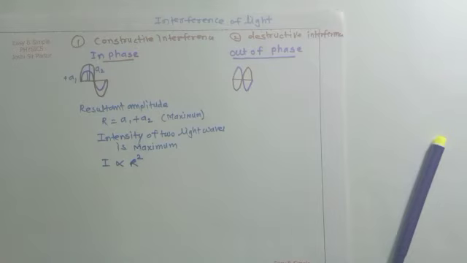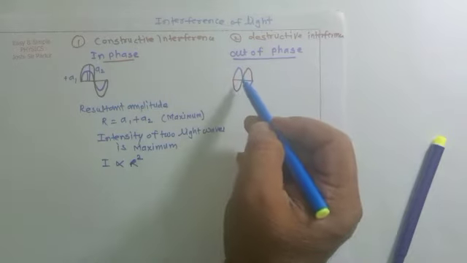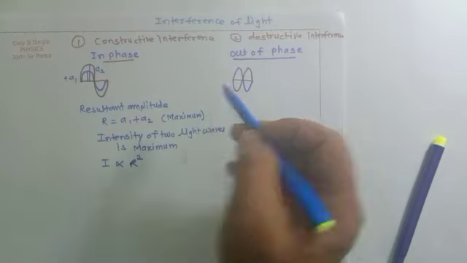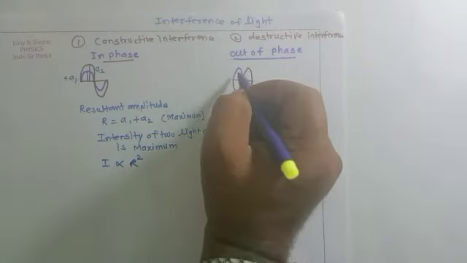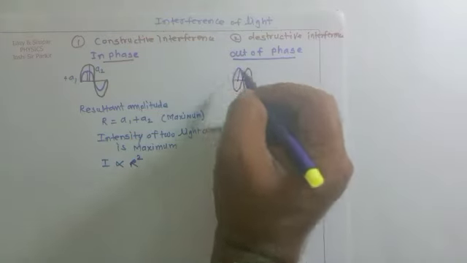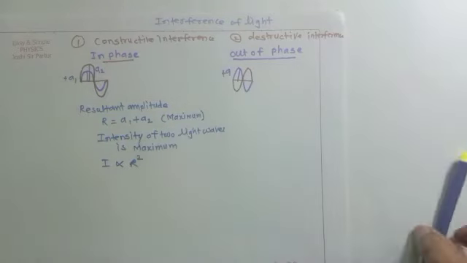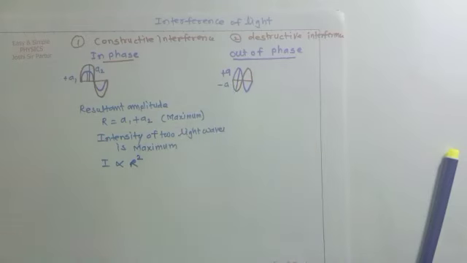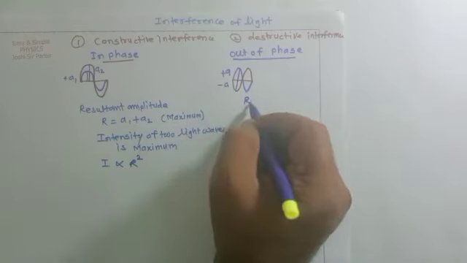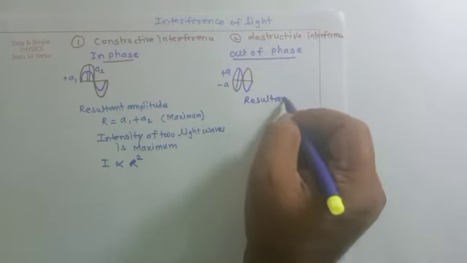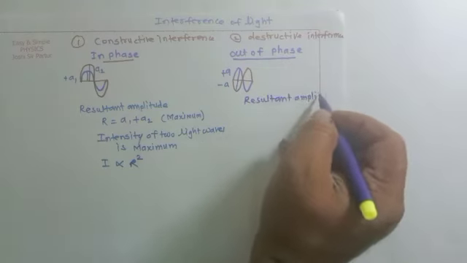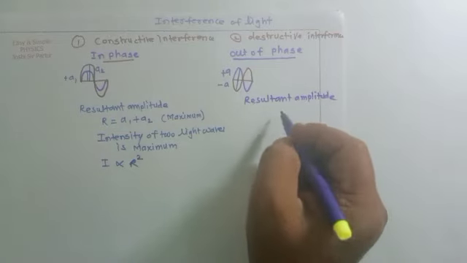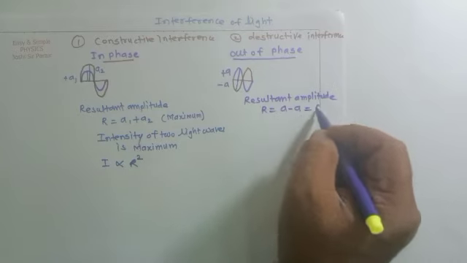Here in destructive interference, when a crest of one wave is superposed or mixed with trough of another wave, for crest amplitude is plus A, whereas for trough amplitude will be minus A. So resultant amplitude R is equal to A minus A, which is 0.